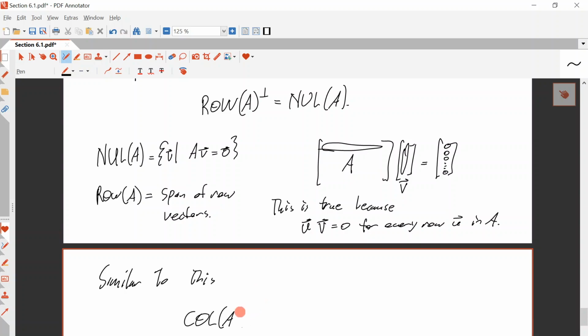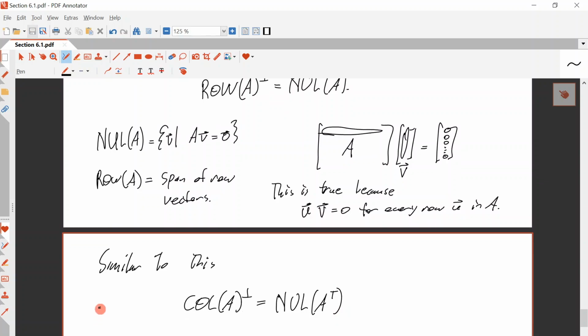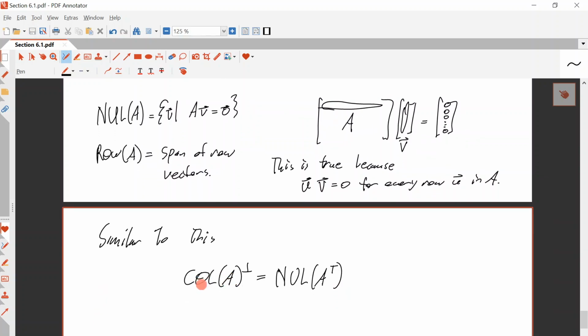The orthogonal complement of the column space of A is equal to the null space of A transpose, in a very similar fashion. Both the column space of A and the null space of A transpose are subspaces of R to the R. Okay? So that's the lecture on section 6.1.